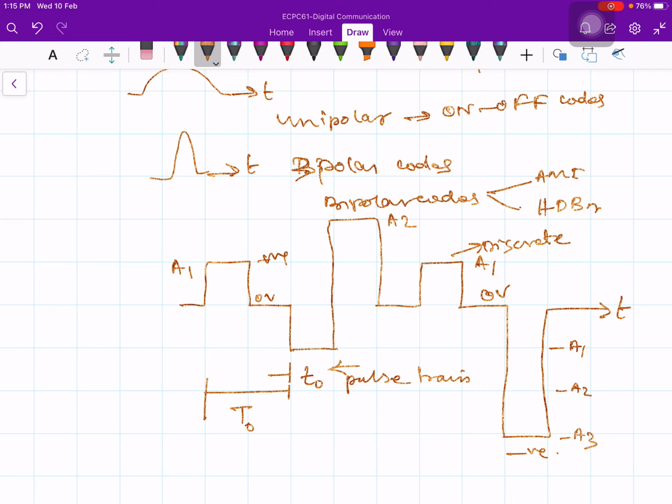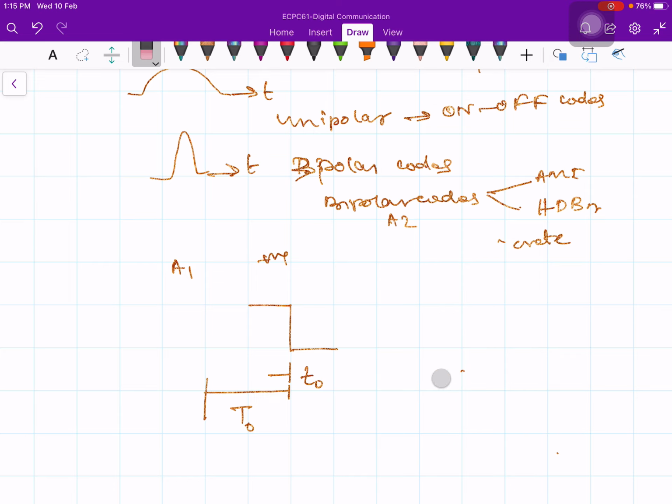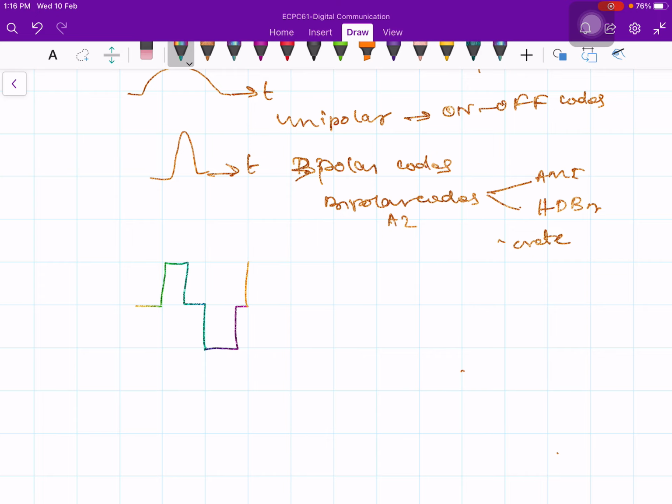Now I am having the general situation. One second, I made a small mistake in this. Let me redraw the figure, because this is not a general waveform, so let me draw the general waveform. Like this, and then like this, and then like that.